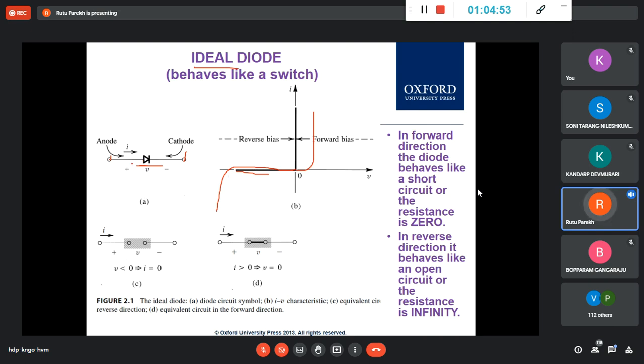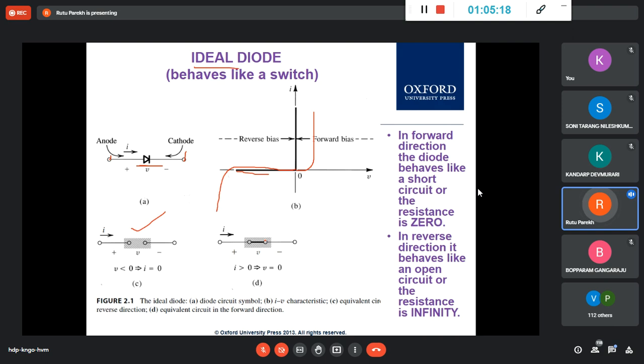For V less than 0, it is open and I is equal to 0. When V is greater than 0, it is short and V is equal to 0, because whatever voltage you are giving, these two points are the same since it is shorted. So the potential across the diode is 0.